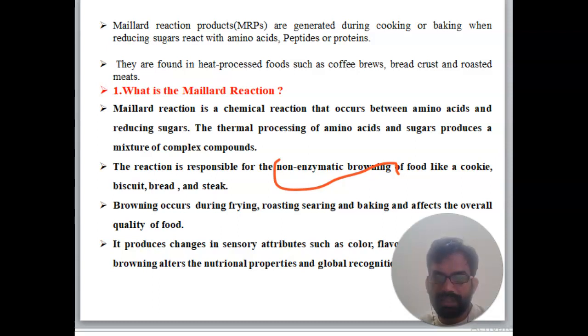Browning occurs during frying, roasting, searing and baking, and affects the overall quality of food. The products change sensory attributes such as color, flavor and aroma, cause browning, and alter nutritional properties. So these are a few important points about the Maillard reaction.